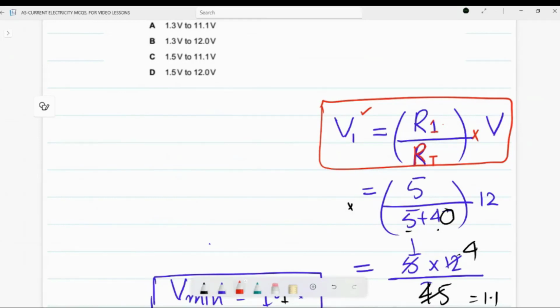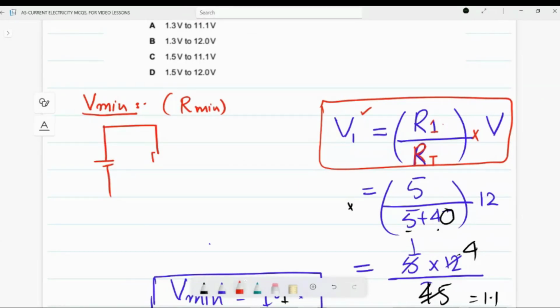Here I will select for V minimum. I will draw a circuit, and that will lead you to the maximum value as well. For the minimum value, as I told you, it would be available at R minimum. Of course, you will not do all this hardship in your exam, but this is the time before the exam.